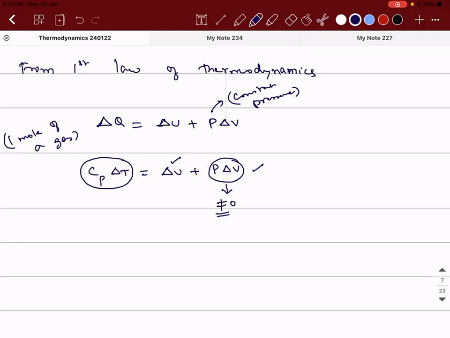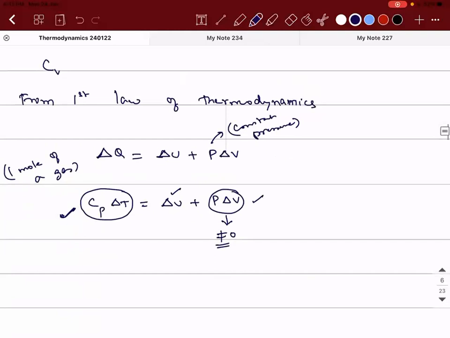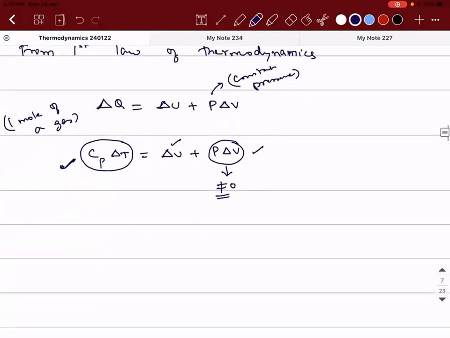As a result, the important conclusion we can derive here is that the amount of heat supplied under constant pressure is going to be more than the amount of heat supplied under constant volume. Because in constant volume, it is utilized only for one purpose, whereas in constant pressure, it is utilized for two purposes. That is the reason why you can conclude that Cp is always greater than Cv. This is a very, very, very important relation.